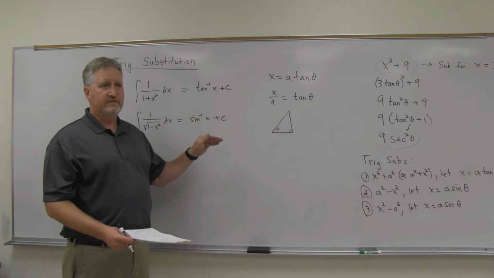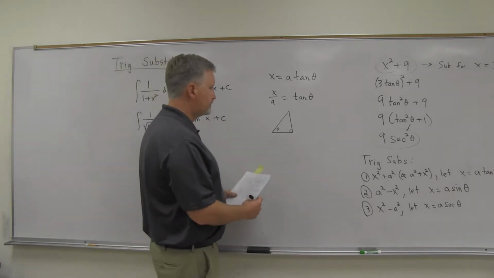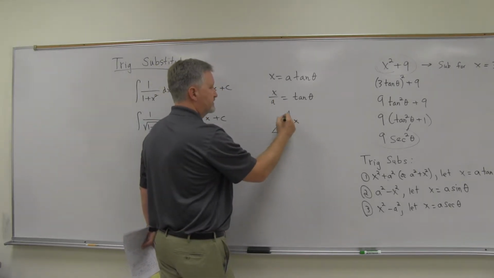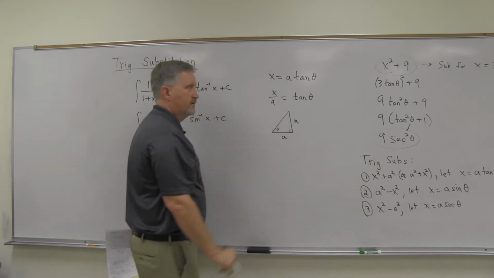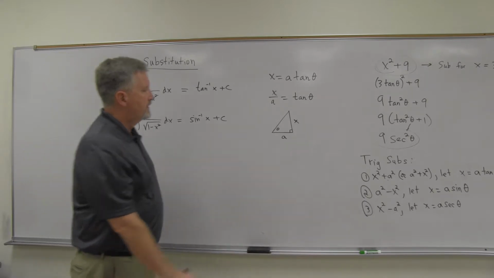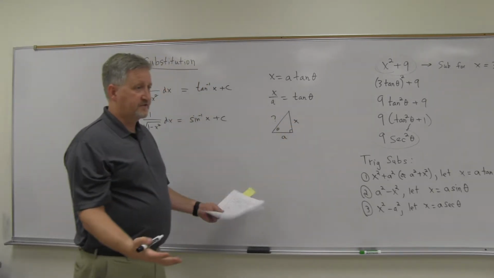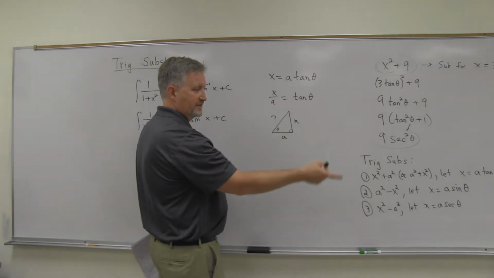Opposite over adjacent. Yeah, tangent is opposite over adjacent. So this is the opposite of theta, so that would be x. And then a is the adjacent, so that would be a right there. So that gives me those two sides, and then what about the third side? Well, the third side is just the Pythagorean theorem, right? a squared plus b squared equals c squared.